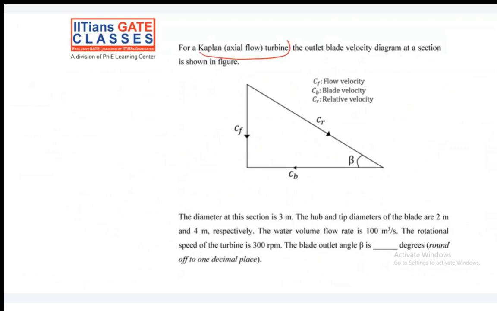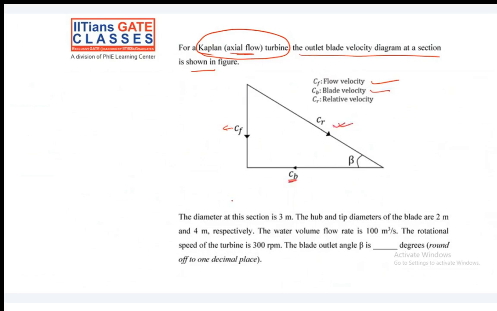Kaplan turbine means what? Axial flow, right? Axial flow turbine. The outlet velocity diagram is given. Then it says that this is CF, the flow velocity, this is blade velocity, and this is relative velocity.